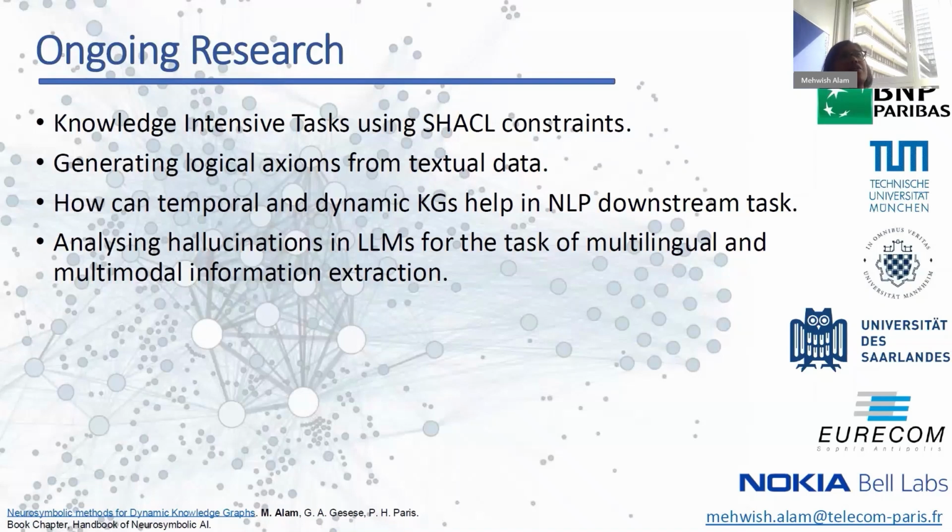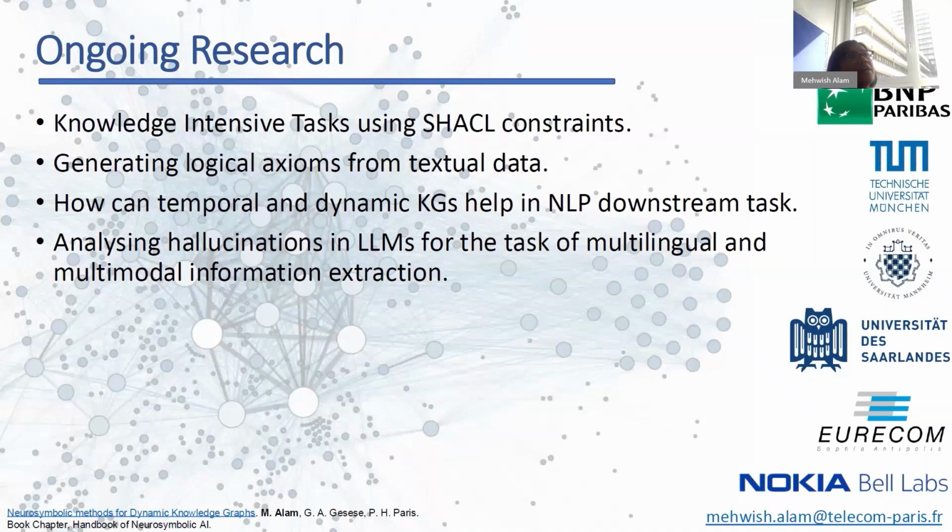So here you can give the constraints on the domain and range of the relation if you extract it. If the relation is extracted from the sentence and then the domain and range are completely off, as given by some constraints that we have, then it means our relation extractor is not working very well. This is one of the things that we are doing with Sophia Antipolis, that's the group of Fabien.